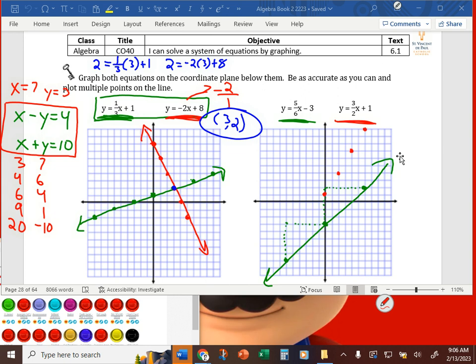It's a good thing I went left, because I'm not going to hit my green line by going up and to the right. So instead, I go down and to the left. Over 2, down 3. Over 2, down 3. Over 2, bingo.